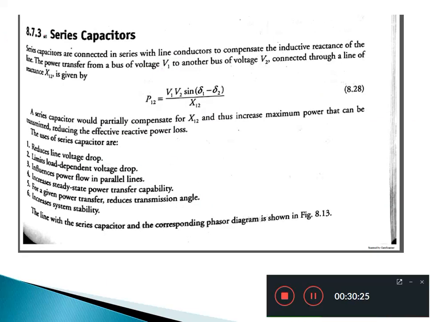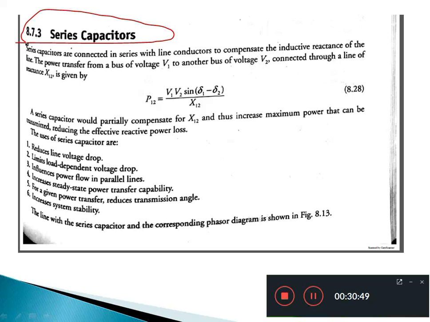Then the next case is the series capacitor. A series capacitor is connected in series with a line conductor to compensate the inductive reactance of the line conductor. The main use of a series capacitor is to reduce the transmission line reactance.